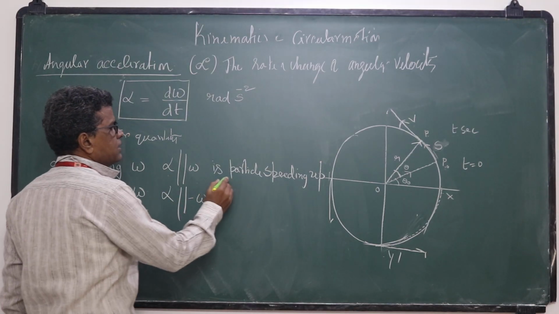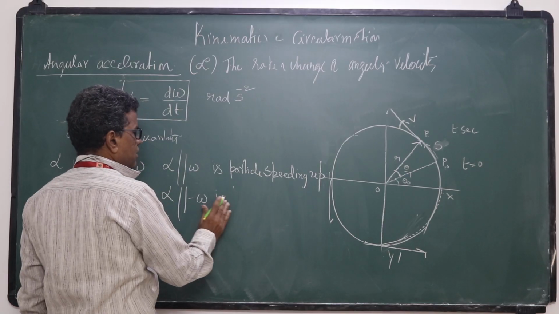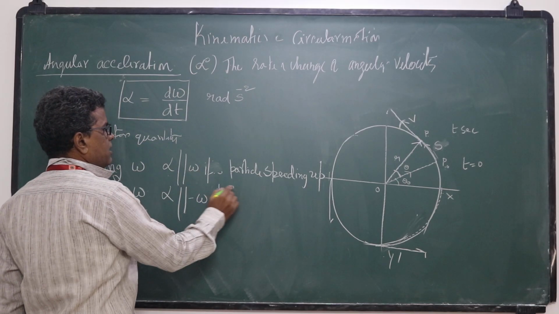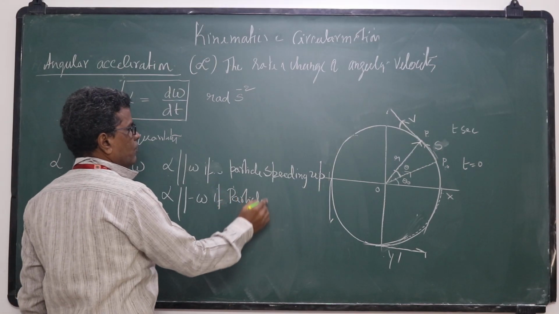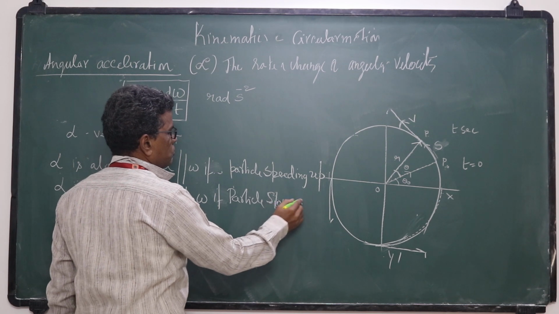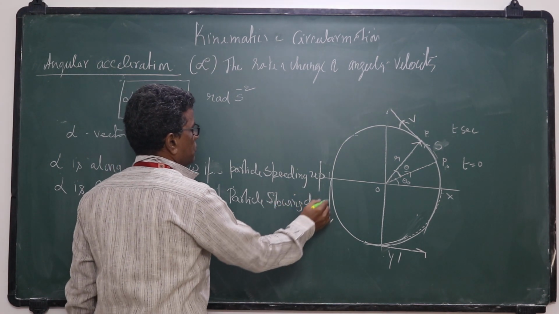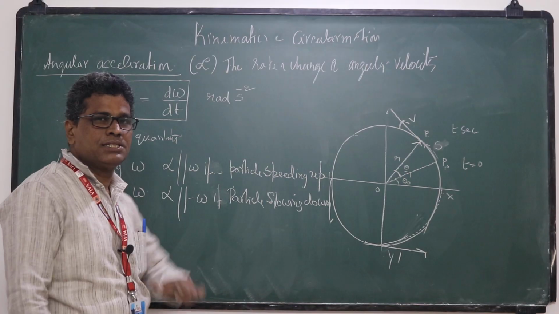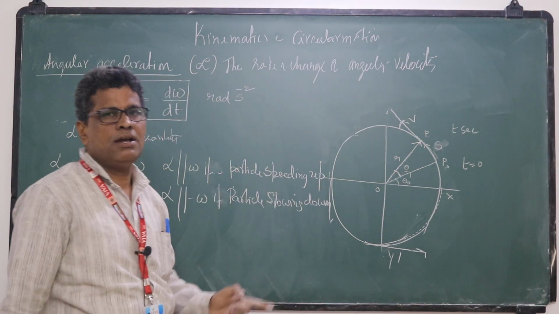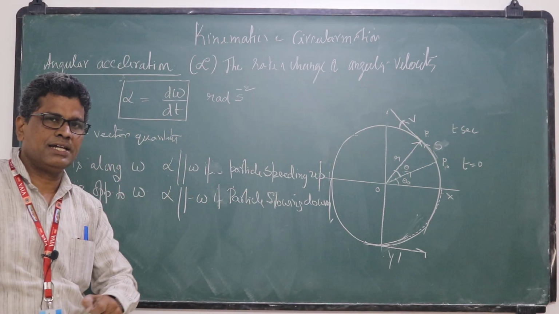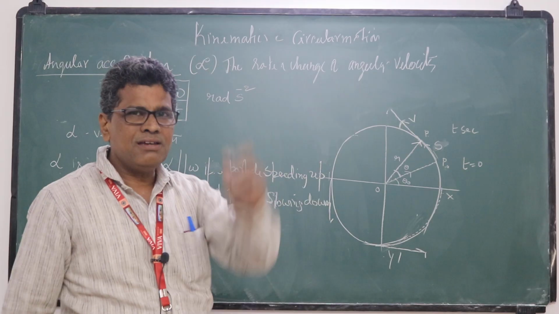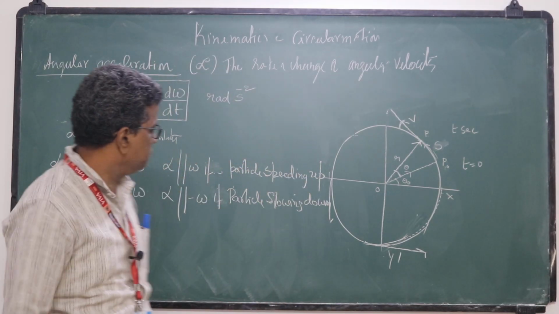If the particle is slowing down, that is, as you decrease the speed of the fan, alpha and omega are in opposite directions. Remember, both are axial vectors, both are along the axis of rotation.